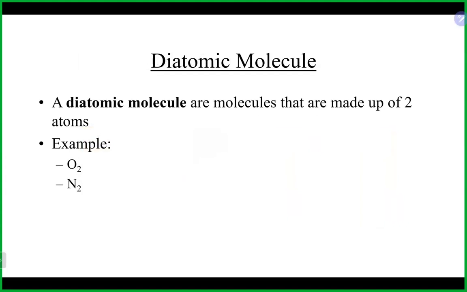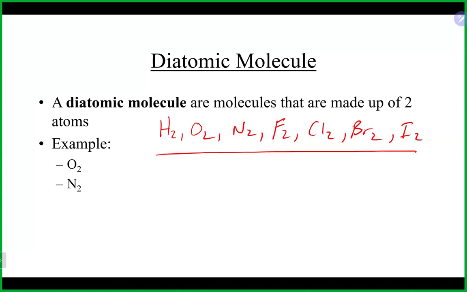There's a number of elements that come as diatomic molecules: hydrogen, oxygen, nitrogen, fluorine, chlorine, bromine, and iodine. These all come as diatomic molecules, and they're all still elements.